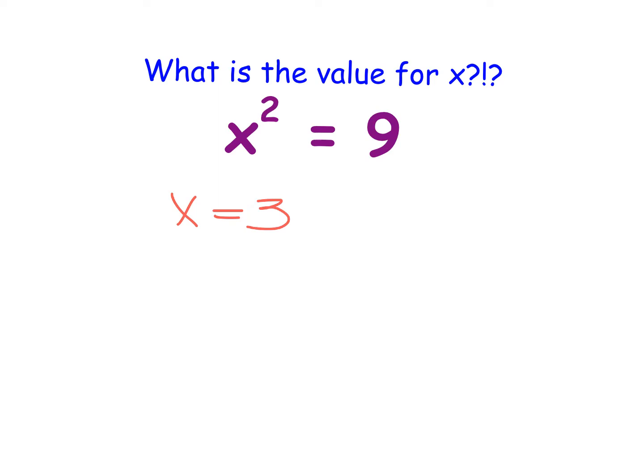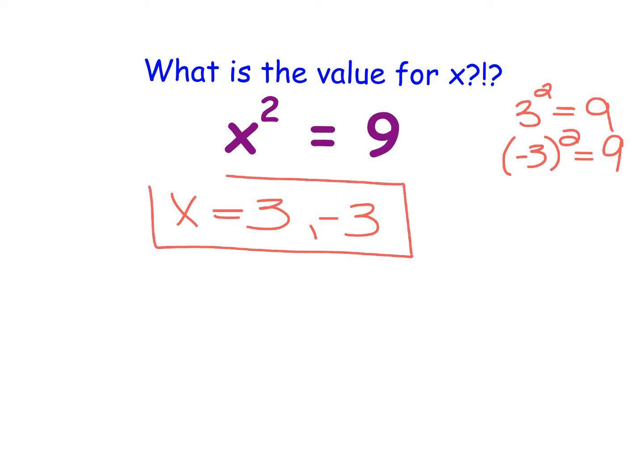Yes, x equals 3 does work because 3 squared does in fact equal 9. But I remind them that there's actually another number that when squared is equal to 9. After they think for a little bit, they remember that negative 3, so negative 3 times negative 3, so negative 3 squared, is also equal to 9. So we actually have two values for x here that work and make this equation true.